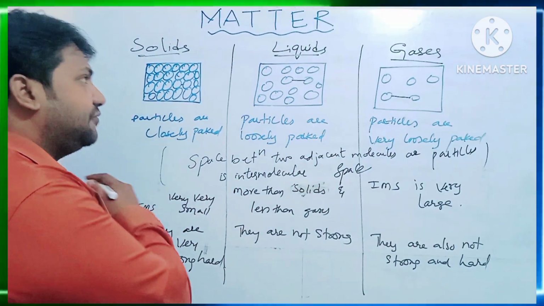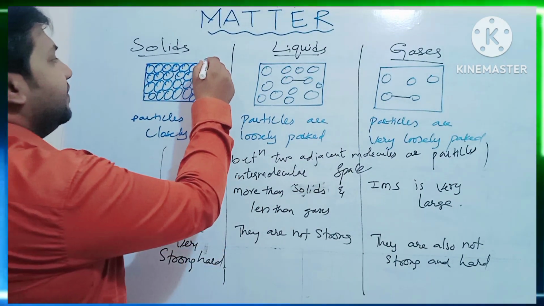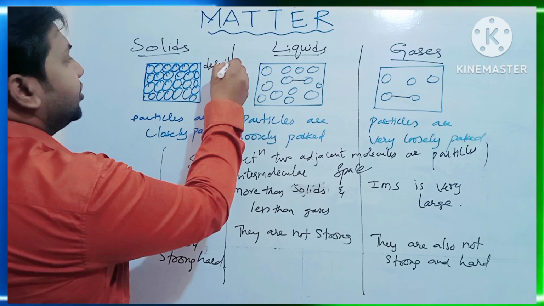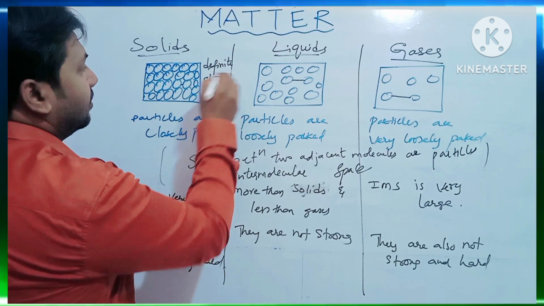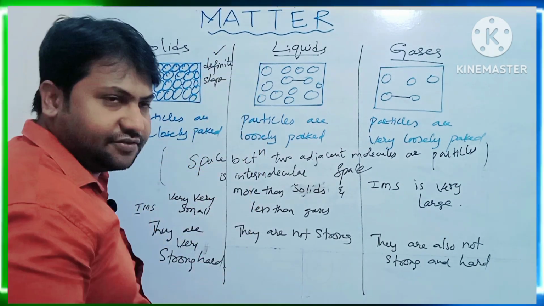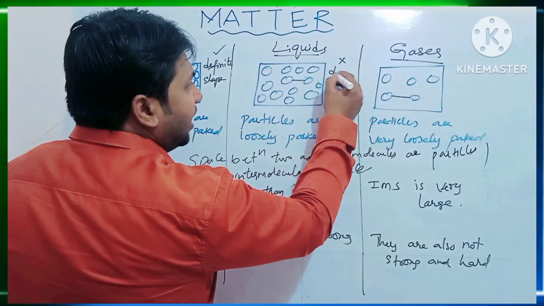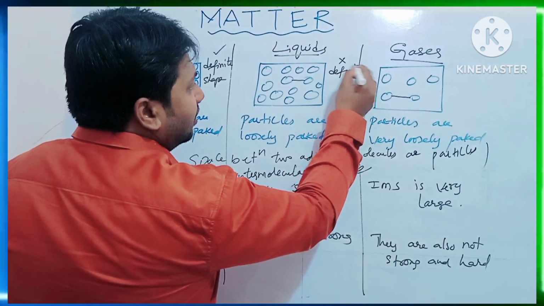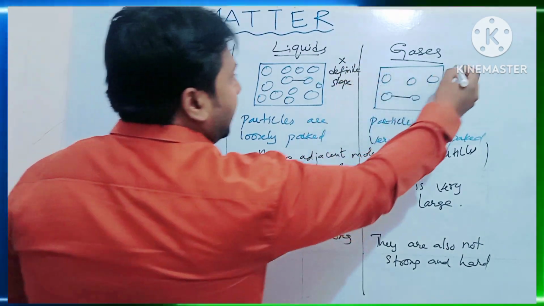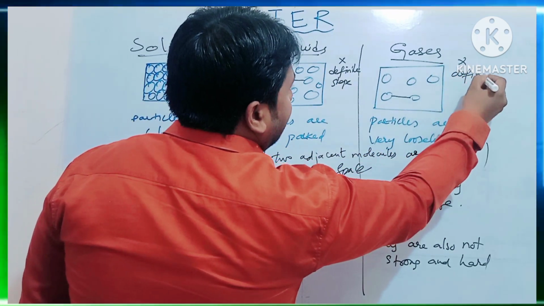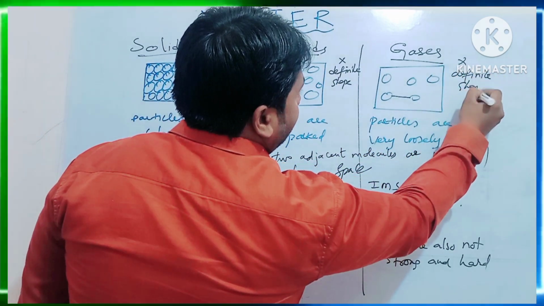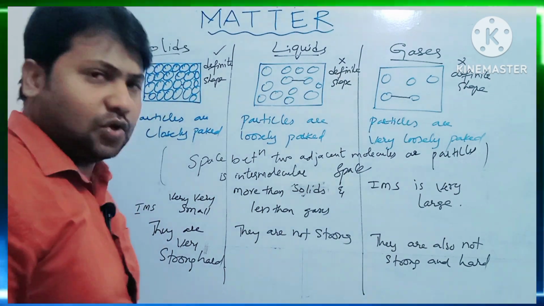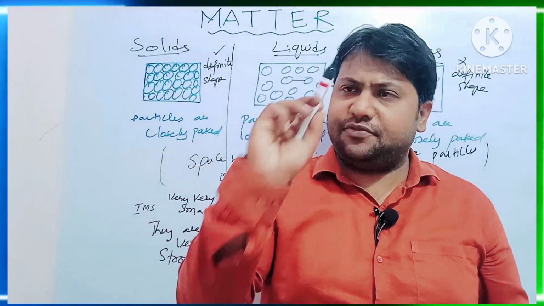Solids have a definite shape. Liquids don't have a definite shape, and gases also don't have a definite shape. So solids have a definite shape.